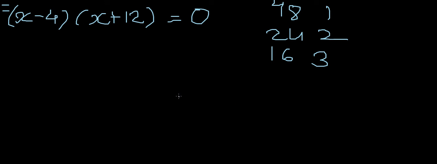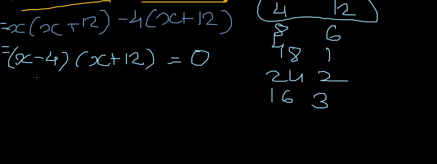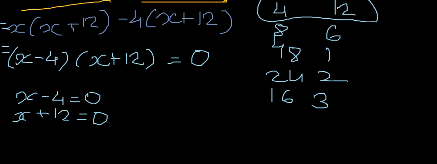Now any number multiplied by 0 equals 0. So any one of the brackets is 0. So either x minus 4 equals 0, or x plus 12 equals 0. If x minus 4 equals 0, then x will be equal to 4 if I add 4 on both sides.